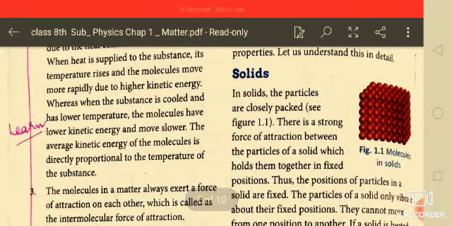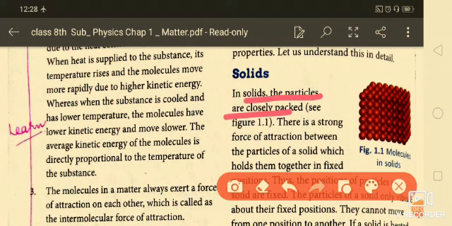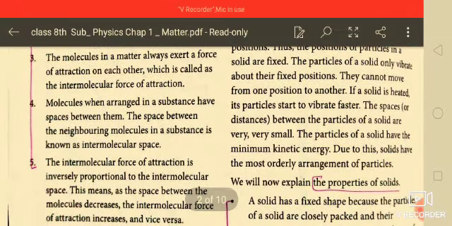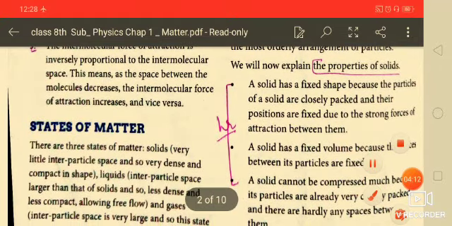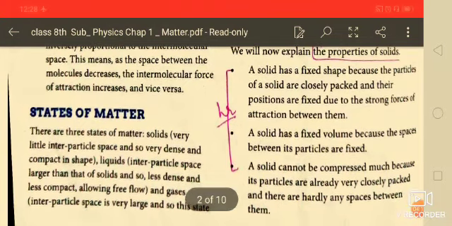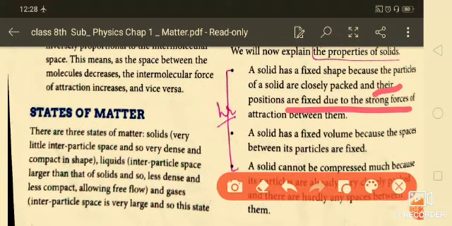So solids: you know that the particles of solids are closely packed, so their interparticle force is maximum due to less distance between the particles, and they are rigid. A property of solids is that they have a fixed shape, because the particles of solids are closely packed and their positions are fixed due to the strong forces of attraction between them.